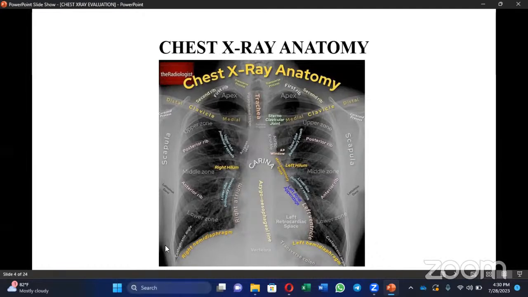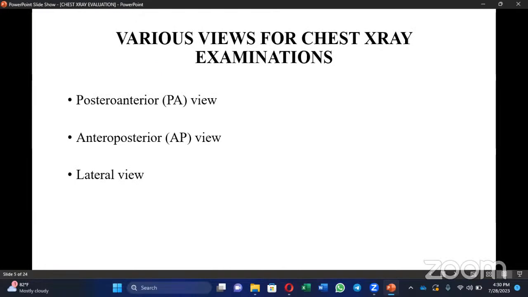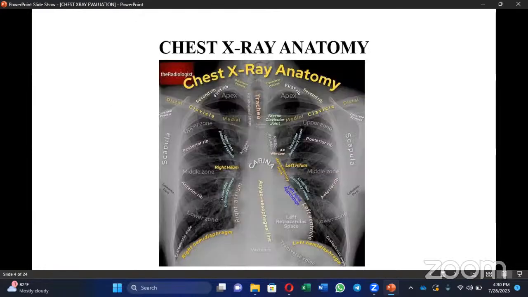They should always be there. So when you see an image where the costophrenic angles are not showing, it means that the image is not good enough for reading or for systematic review or pathology search. You should be able to see all the regions or borders around the chest X-ray image.